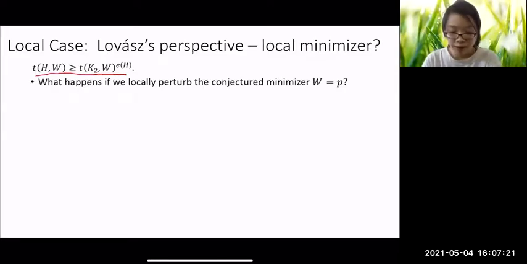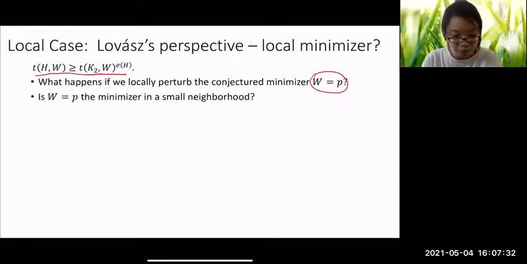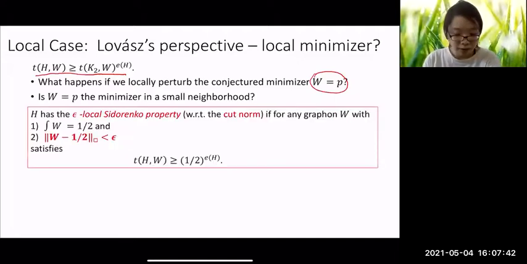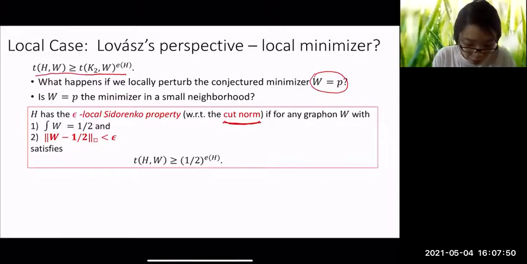So W equals p is the conjectured global minimizer, and we just want to perturb a little bit around it. We want to find a small neighborhood around p under some metric such that W equals p is the minimizer in that small neighborhood. The metric he chose is the cut norm, denoted by the little box here.